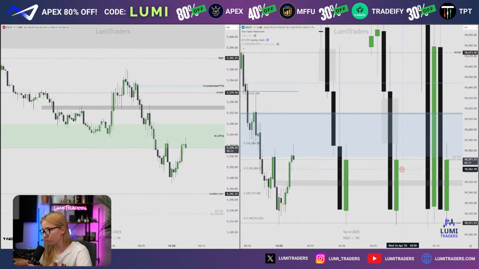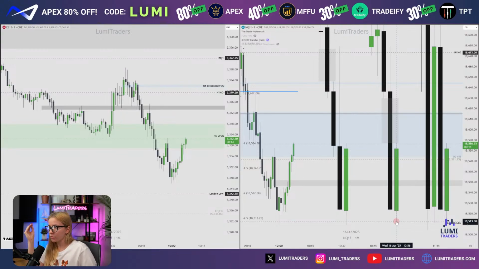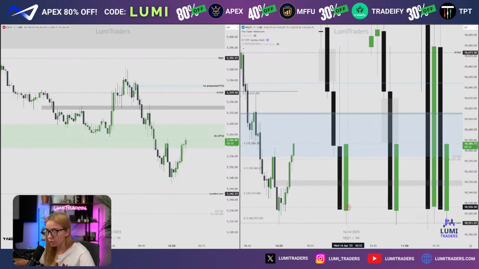Let's think in terms of power of 3, right? We want to see open high or open low, which will be manipulation. So far we got open, minor, kind of interesting to say if it was minor because London low was taken while ES failed. So yeah, we got minor manipulation, but it's still manipulation. Looking for some sort of reaction.